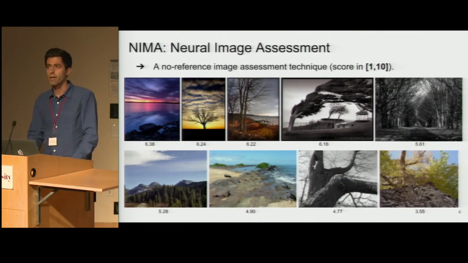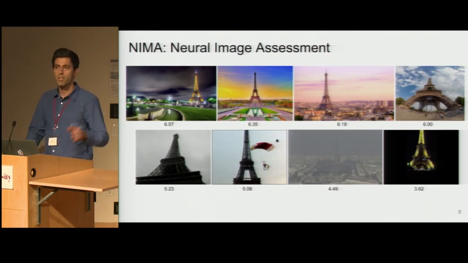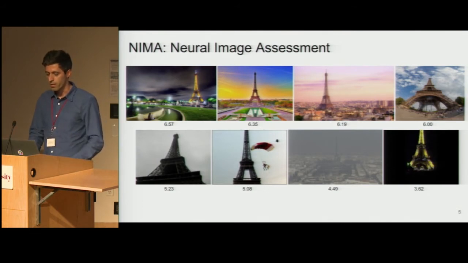I'll talk about the data and how the data is curated. Could be a variety of different types of images, of the same object, different objects. Basically, at inference time, we get a score from 1 to 10, and you can, for instance, rank an album.